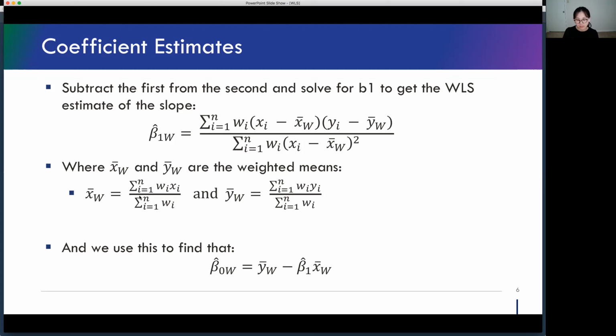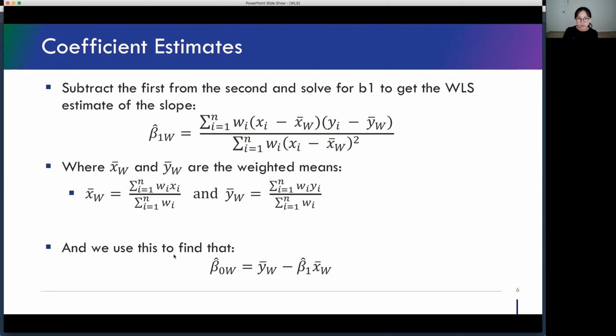It's just as it sounds, weighted means: you take the weight and you take the mean. This is the weighted sum of the xi, and you divide it by the summation of your weights, and similarly for y.